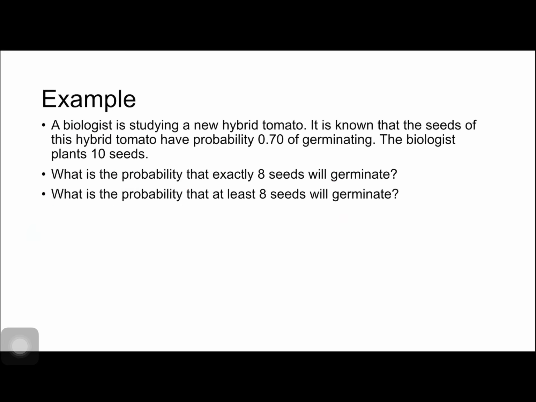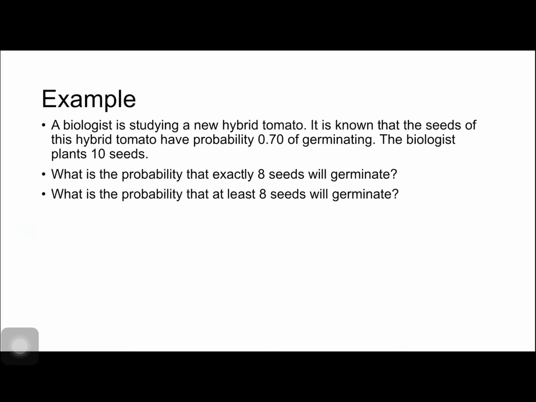Another example. A biologist is studying a new hybrid tomato. It is known that the seeds of this hybrid tomato have a probability of 0.70 of germinating. The biologist plants 10 seeds. What is the probability that exactly 8 seeds will germinate, and what is the probability that at least 8 seeds will germinate?